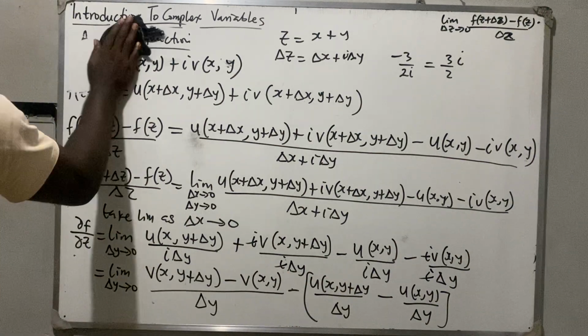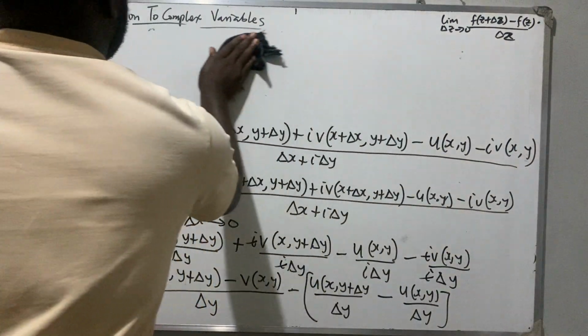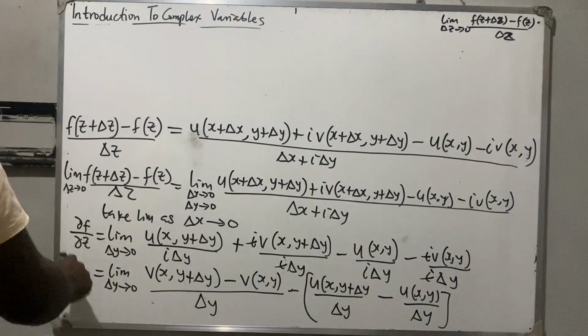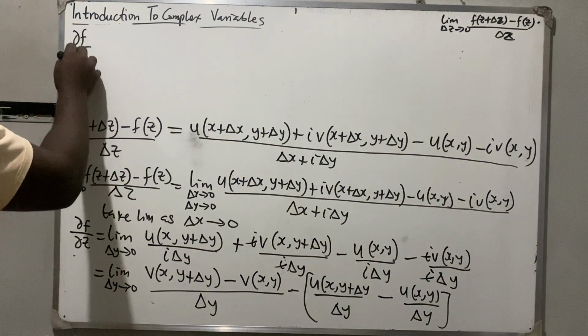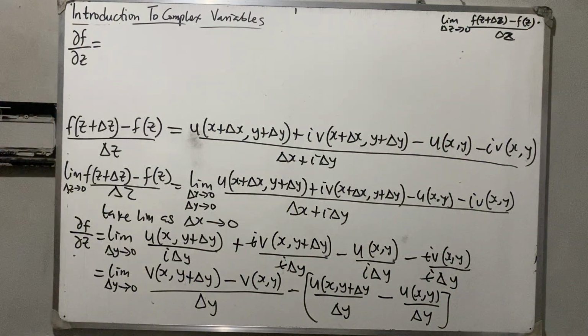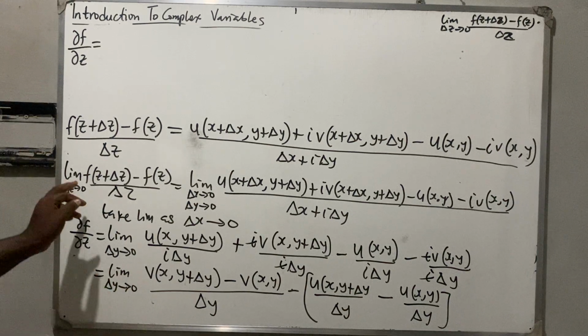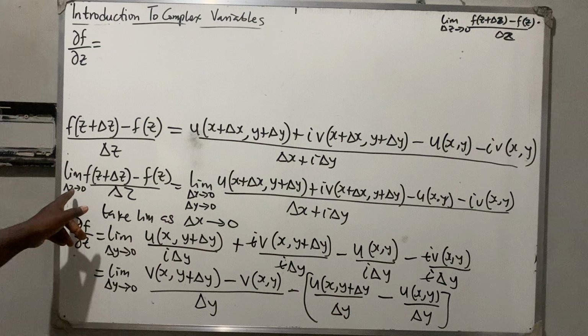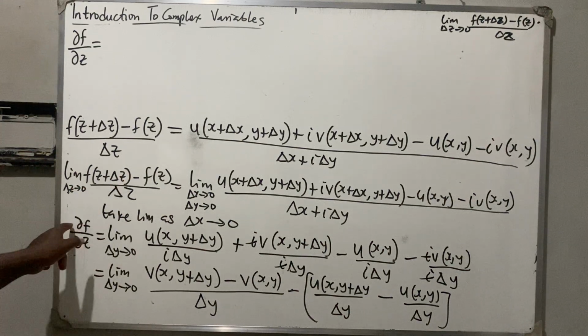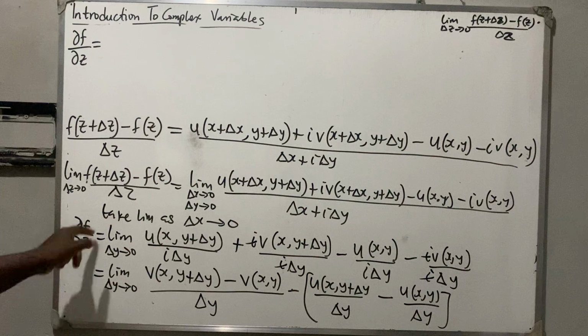Okay, so the proof is too long. So I'm having here delta f over delta z is equal to... one minute, let me check something. Okay, so this part is going to give me now, I said that the limit of this is something as delta f over delta z.